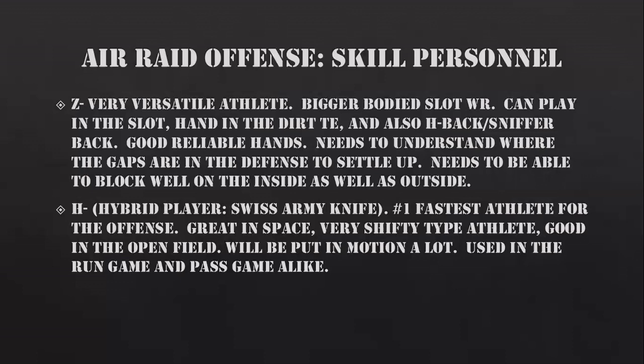So this player is heavily involved in the offense, probably touches the ball the most out of the offense. It's not the number one, again, because of what I said before, 4 or 5 players are threats, but this guy probably, if you look at the stat sheet, is touching the ball the most out of the offense. And we're trying to get him the ball the most. Because he's the best athlete in the things that he should be able to do in the open field, using the run game and the pass game alike.